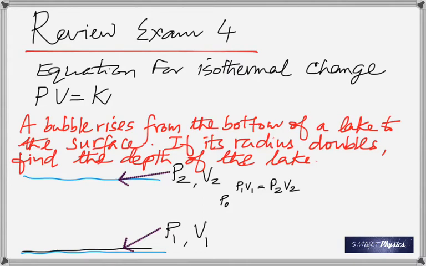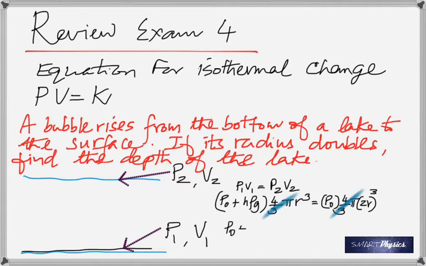So it's P naught plus H rho G. Yeah. So therefore, it's going to be P naught plus H rho G. What's P naught plus H rho G? P naught is the atmospheric pressure. H rho G is the pressure due to the water. So that's the total pressure there, isn't it?